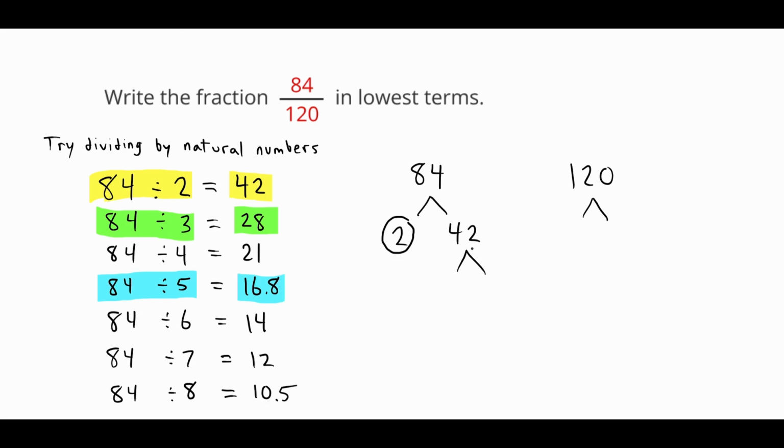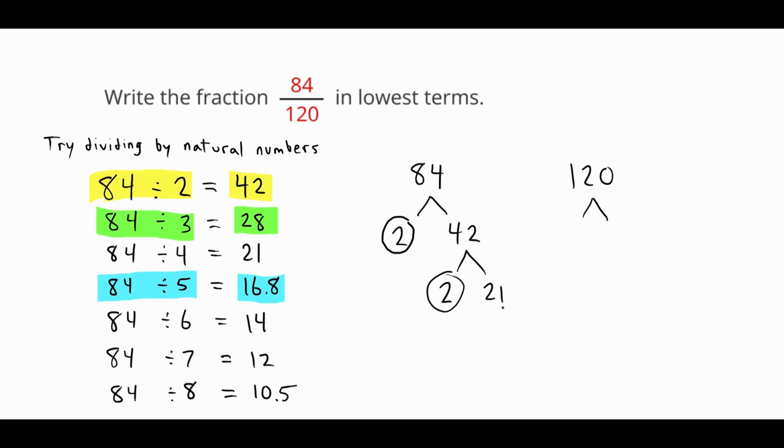We can break it down into two factors other than itself and 1. I noticed that the number is even, so I might choose to divide it by 2 on my calculator. If I do 42 divided by 2, I get 21, and so I want to put that 21 here in the tree.